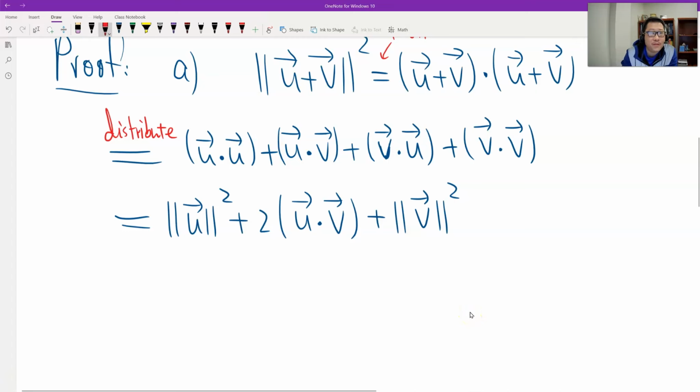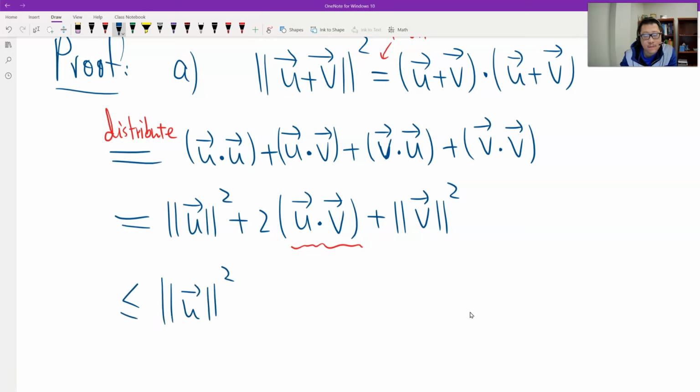The previous theorem we proved, we can use to control this. This should be less than or equal to: the first term I will not change, the second is 2 times the norm of u times the norm of v. Can you see?